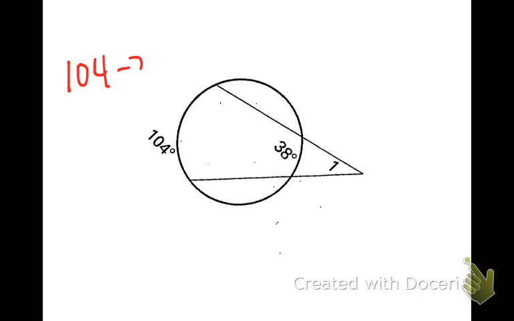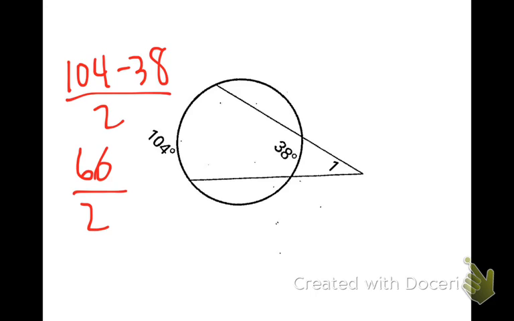So that's going to be 104 minus 38 is 66 divided by 2, which is equal to 33 degrees.